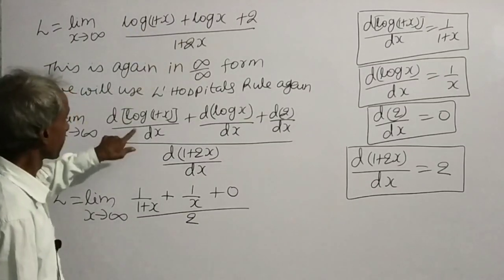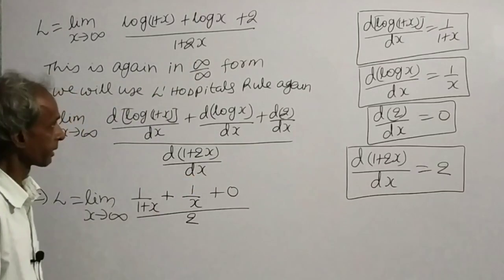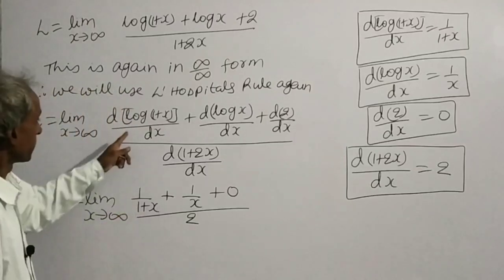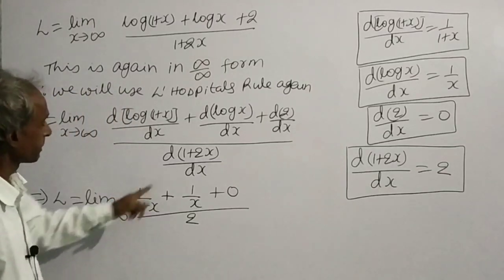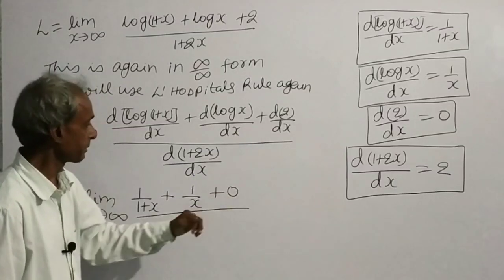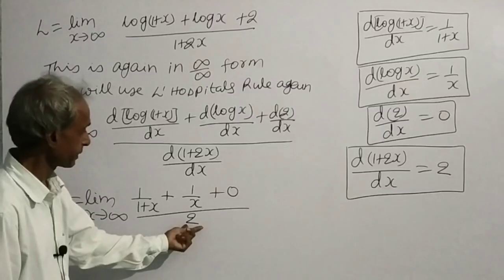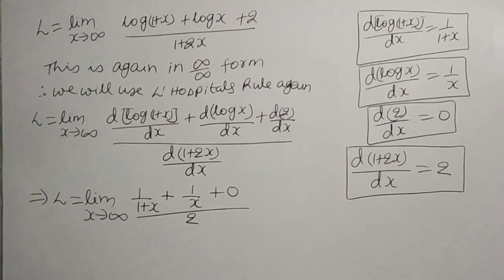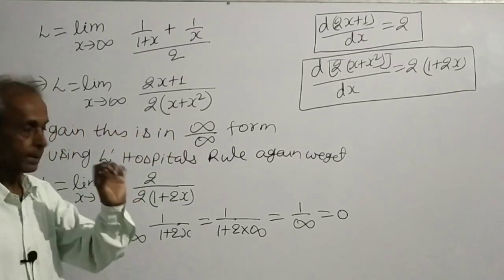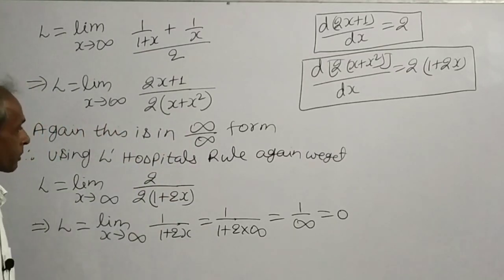Derivative of numerator, this, by derivative of denominator. Using these results, we write its derivative here, this derivative here, this derivative here. Derivative of 1 plus 2x is 2. This is again in infinity by infinity indeterminate form.